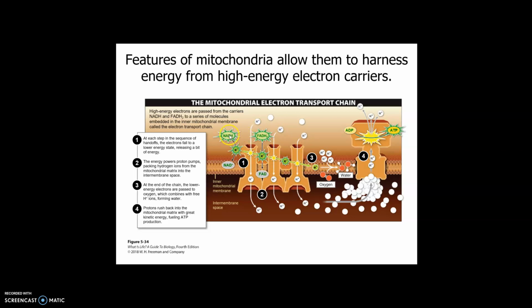If you look, the energy gets transferred from the NADH with the electrons. That energy gets transformed into potential energy with those hydrogen protons in the inner membrane space, and then that potential energy, through this big protein, or enzyme, ATP synthase, makes ATP from ADP, adenosine diphosphate, to adenosine triphosphate.